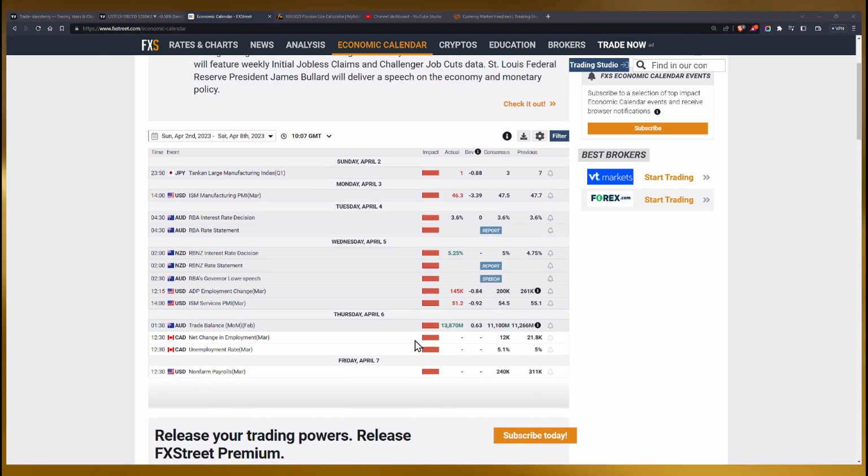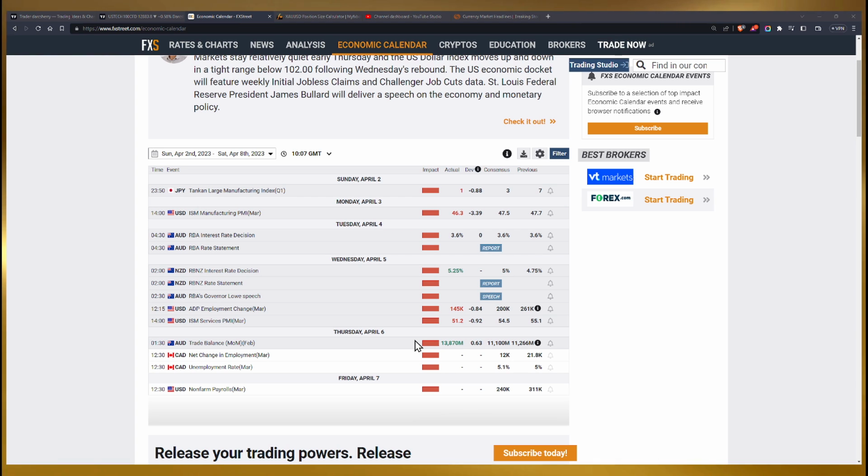And remember, yesterday we were expecting a couple of macroeconomic events that will be affecting the US dollar, and that was the ADP employment change and the ISM services PMI, which actually came below expectation as we saw a negative variance of 0.84 and 0.92 respectively on this event.